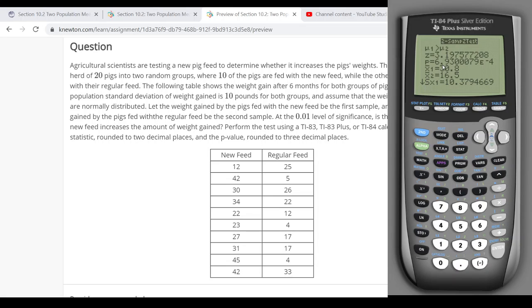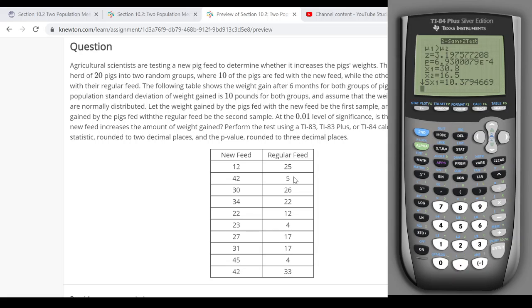So the p-value is really 0.000693. And if I round to 3 decimal places, that'd be 0.001.